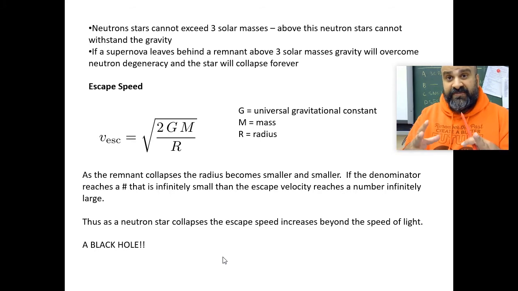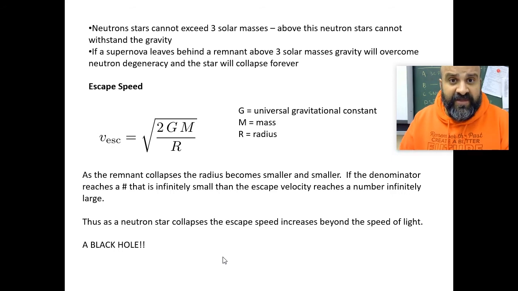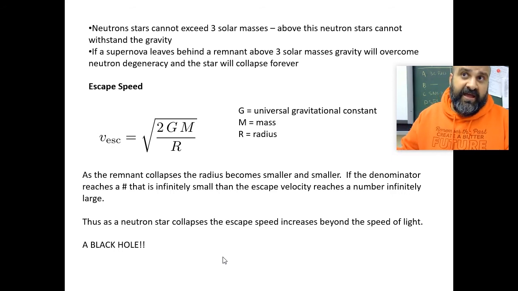Neutron degeneracy keeps the neutron star from collapsing, but if it's massive enough, it will overcome that neutron degeneracy and keep collapsing, right? And as the radius gets smaller and smaller, the escape velocity gets bigger and bigger. And once the escape velocity is greater than the speed of light, you have a black hole.